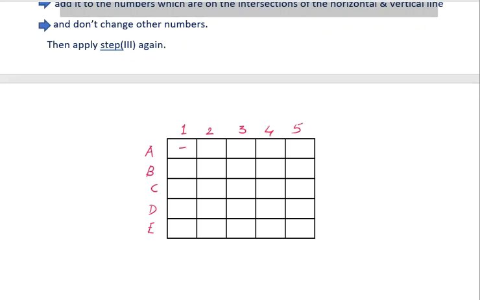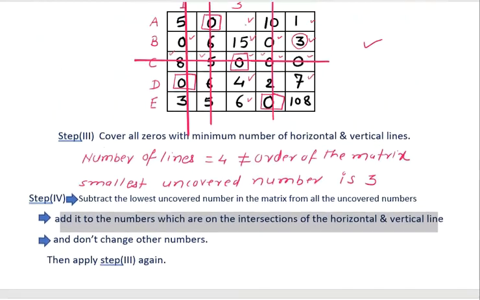Then other numbers in the first column, 0 and 3. Do not change 0 and 3.